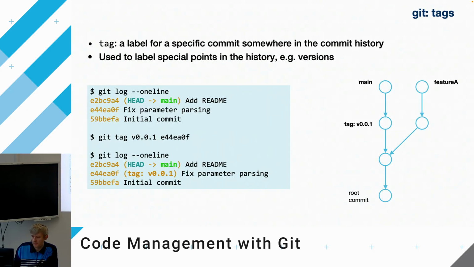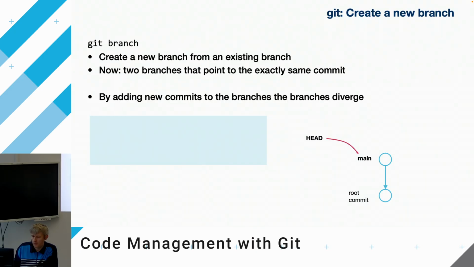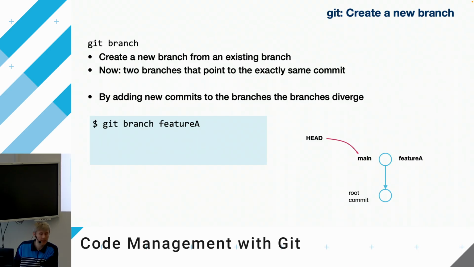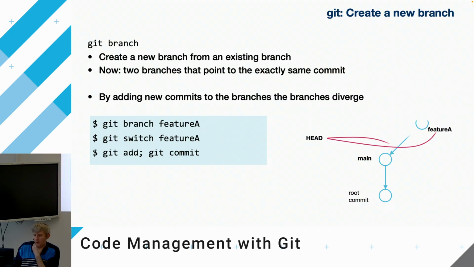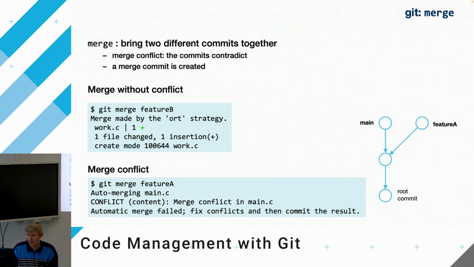And what we're going to do is create a new branch that will be a fork in history. So this is by creating a new basic label, and then we can create a new commit, and this will then be a fork in history.